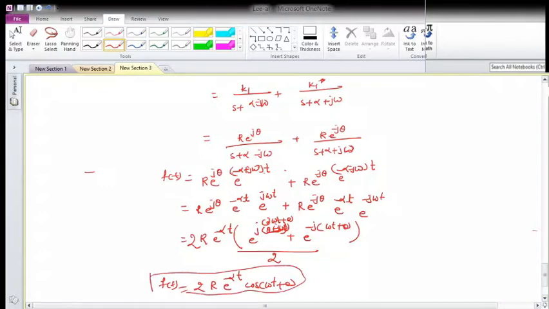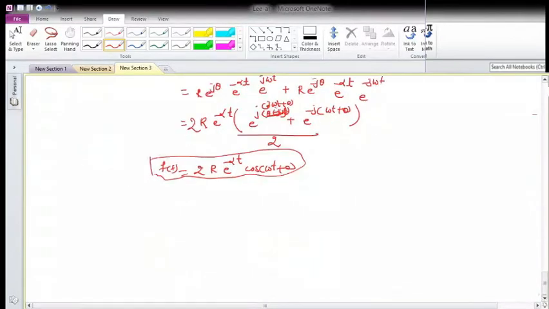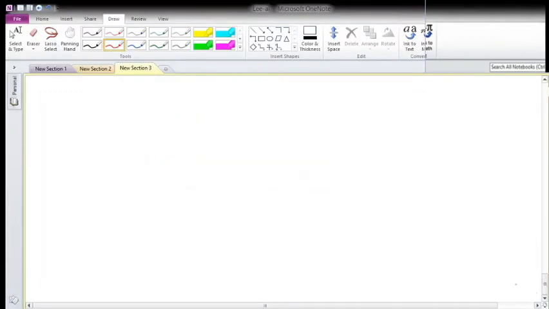Again, you don't have to solve here and there. Okay, so for this, for example, say I have a second order differential equation.